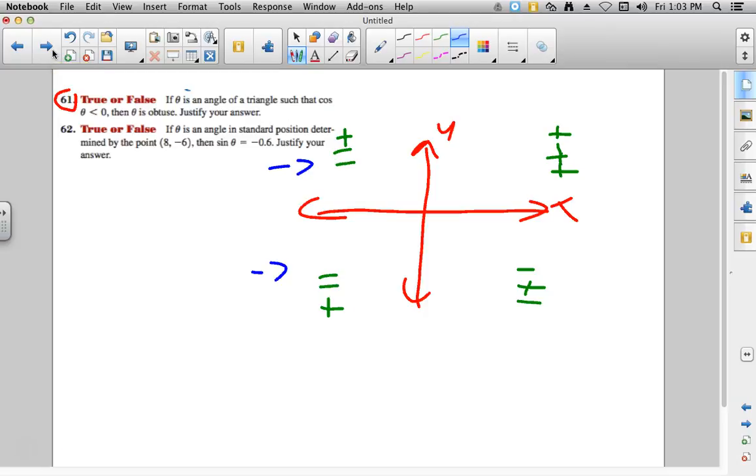Justify your answer. Well, obtuse means that we are greater than 90 degrees. So obtuse angles are greater than 90 degrees.